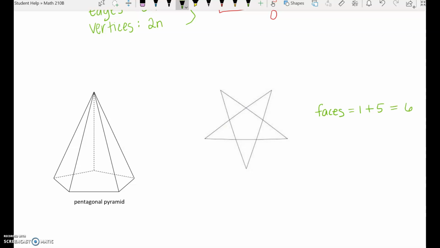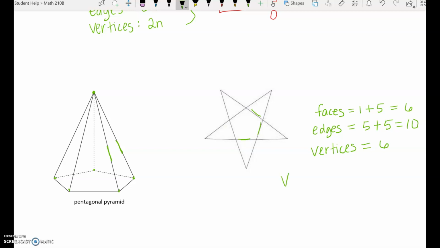The number of edges is, I have 5 along the bottom down here, right? And then I have 5 along the sides like that. So 5 plus 5 gives me 10. And then for the number of vertices, I have 5 down on the base, and then I have 1 up at the top. So that's going to be a total of 6.